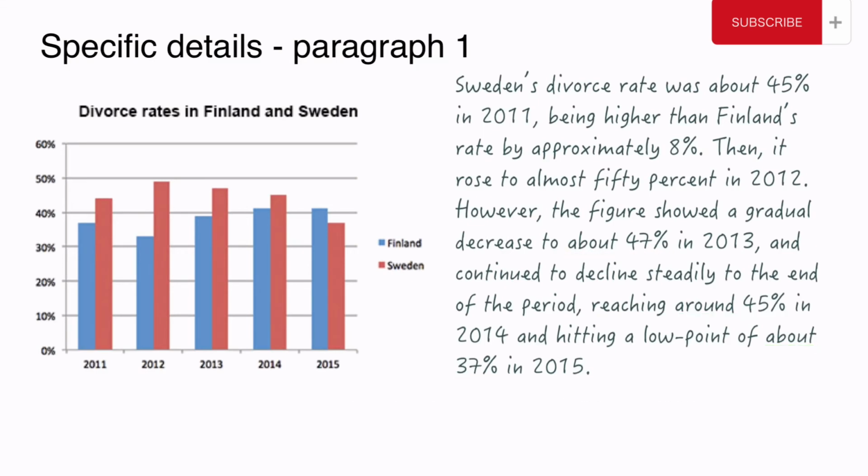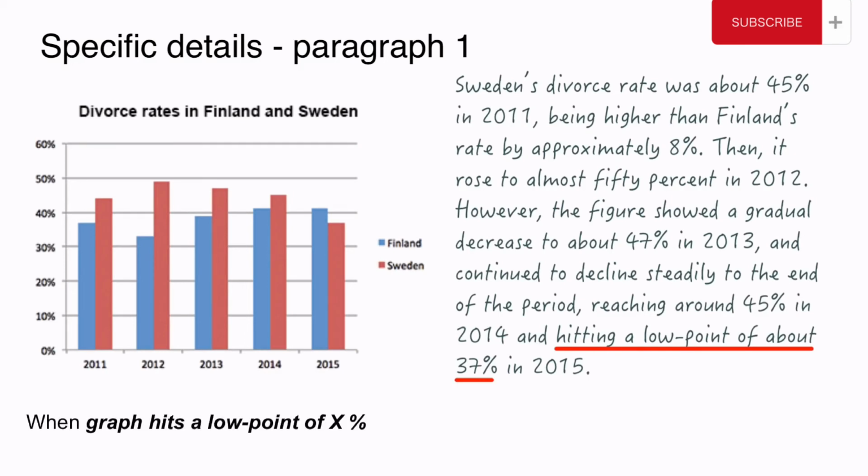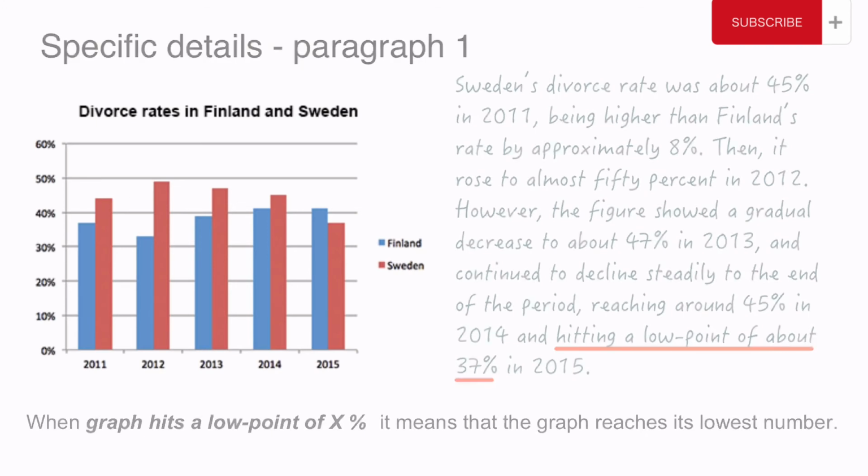And finally, pay attention to the expressions that I used, hitting a low point of about 37%. When a graph hits a low point of X%, it means that the graph reaches its lowest number. And this phrase is a great way of indicating what was the graph's minimum and in what year.